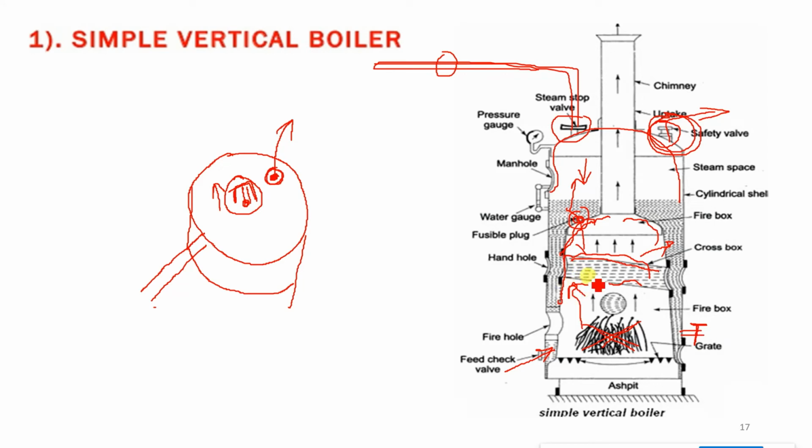As the heat transfer rate reduces, steam generation rate also reduces, and when the impurities, that is salt, get solidified, it forms scaling, and scaling is an insulator, and due to overheating, the tubes may burst.